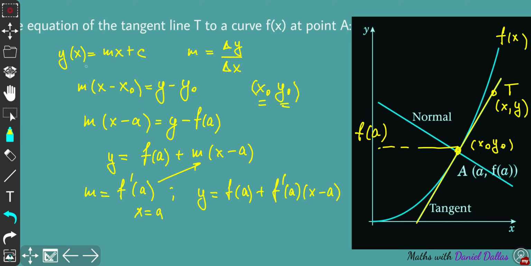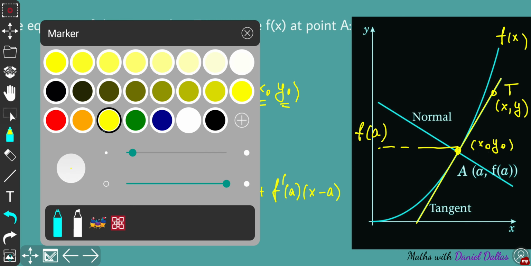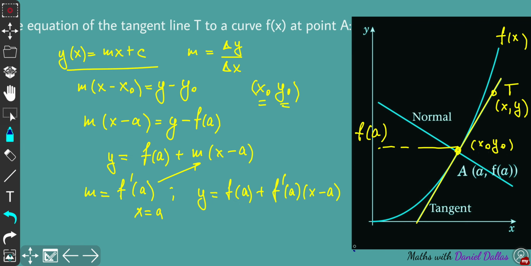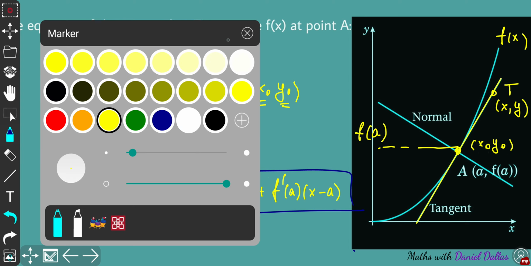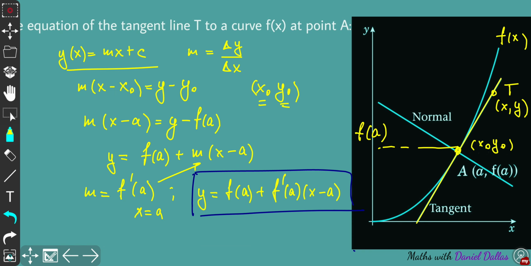If you need to set up the equation in the gradient-intercept form, how to do that? Just simply rearrange. Okay, so that's already the equation of the line, but you want to get the equation in gradient-intercept form.